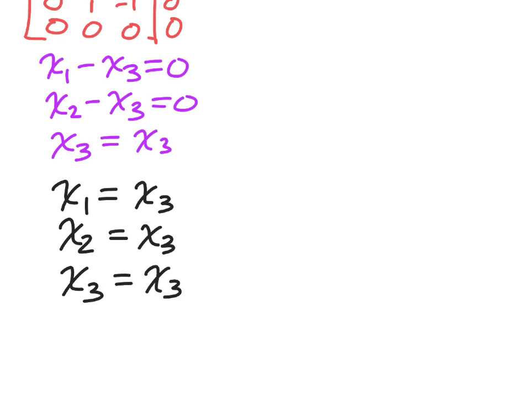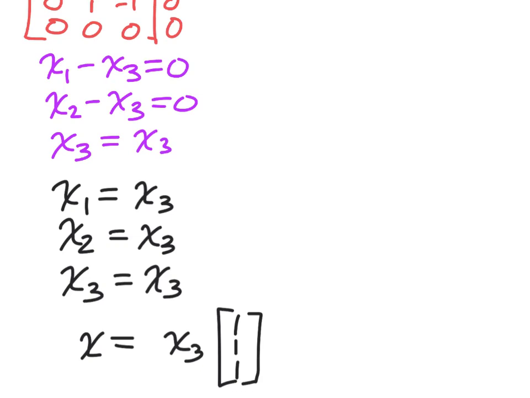Which is the same as saying that x is equal to x3 times the vector 1, 1, 1. So x as in x1, 2, 3, but just writing the x, it's implied, because I think it's pretty clear that vector x has to be x1, 2, 3 because we wrote it a bunch of times already.